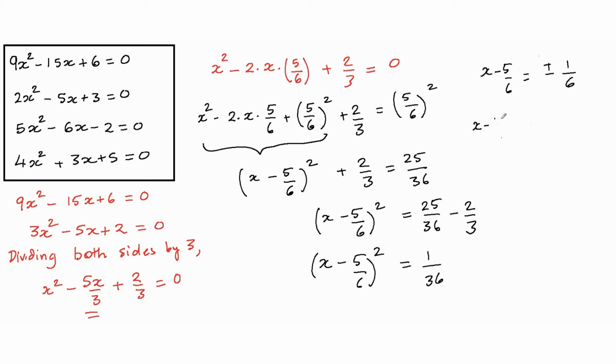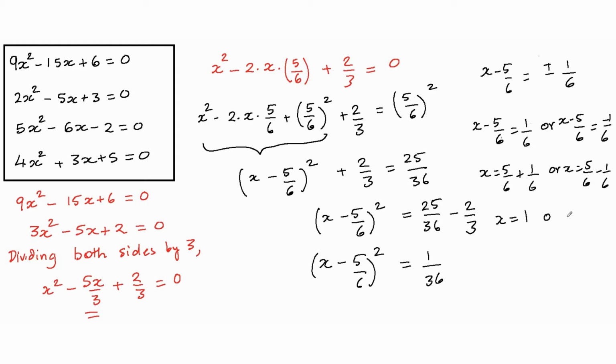So I can say x minus 5 by 6 is 1 by 6, or x minus 5 by 6 is minus 1 by 6, which means x is equal to 5 by 6 plus 1 by 6, or x is equal to 5 by 6 minus 1 by 6. Therefore, x is 5 plus 1 is 6 by 6 is 1, or x is 5 minus 1 is 4, 4 by 6 is 2 by 3, right? Therefore, the two solutions for x are 1 and 2 by 3.